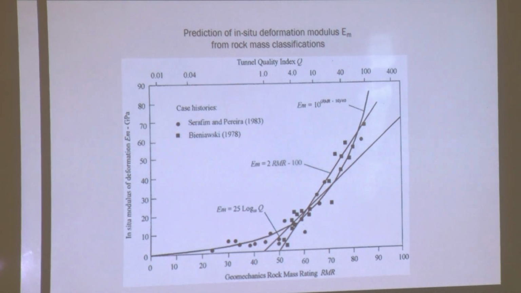So this is one kind of advantage of this rating system. Without doing some test, you can pretty well predict the nearby range of the Young's modulus and deformation modulus based on the RMR. This is the advantage you are going to get from this classification system.